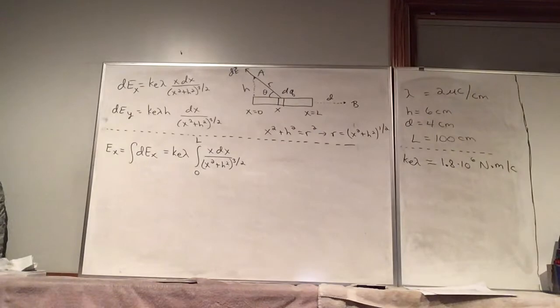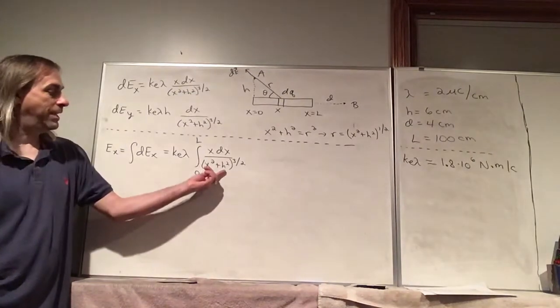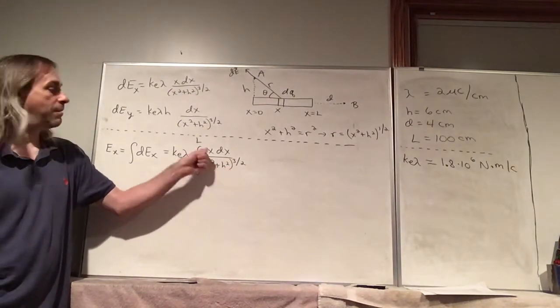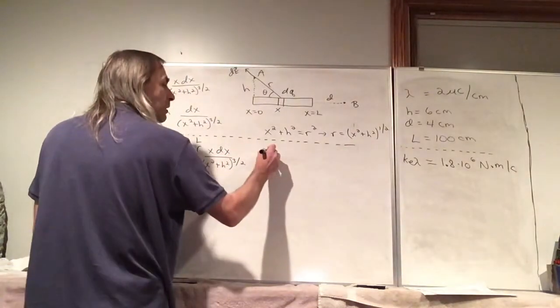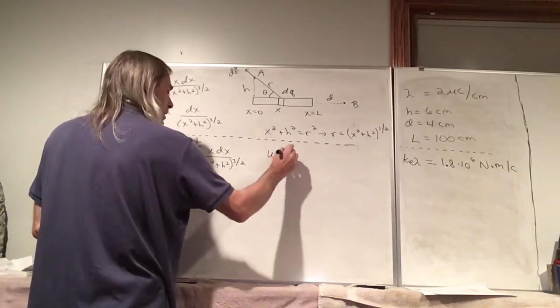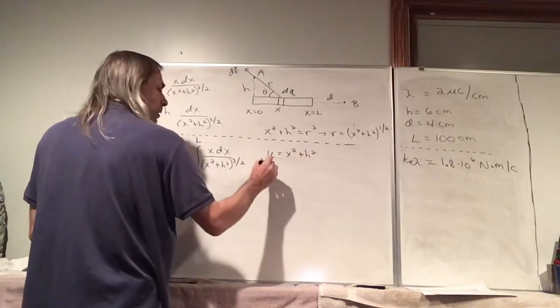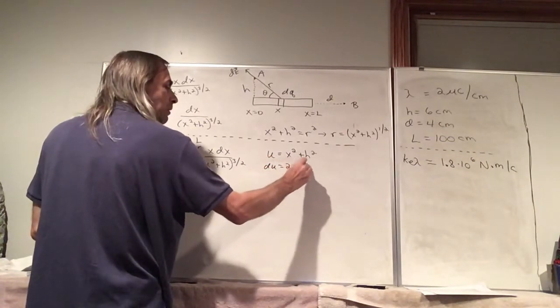And we're integrating over x here. So we can make a simple u-substitution. If we let u equal x squared plus h squared, then du is going to be 2x dx. So u is equal to x squared plus h squared, du is 2x dx.